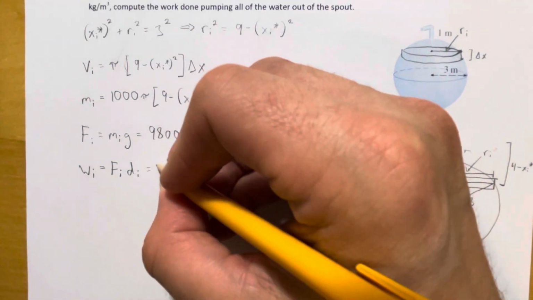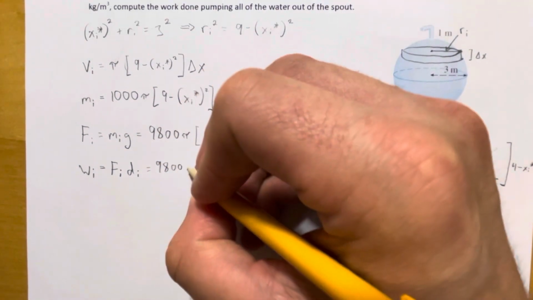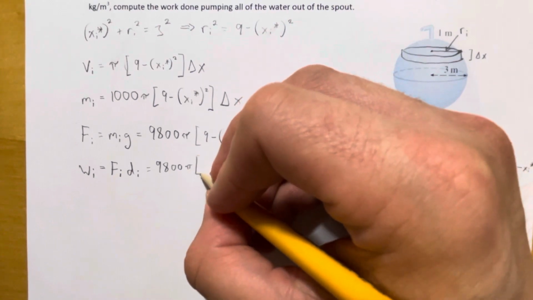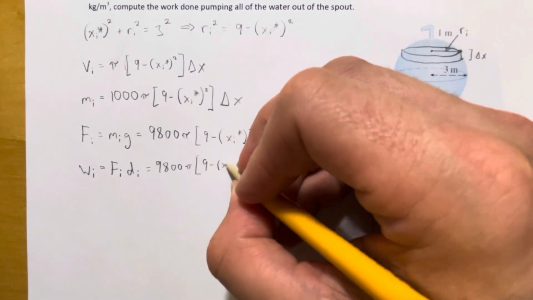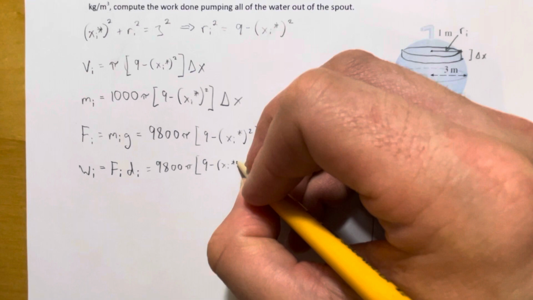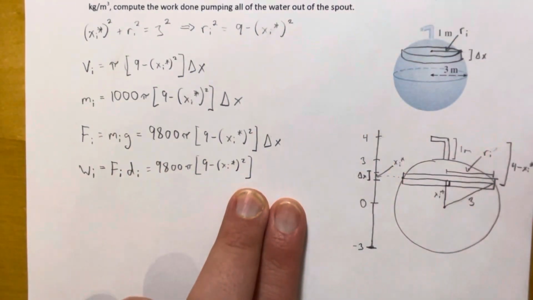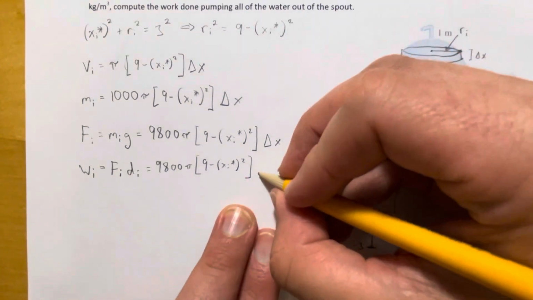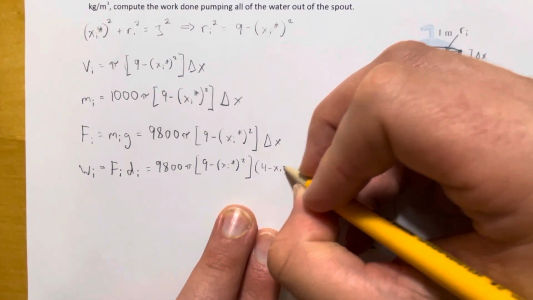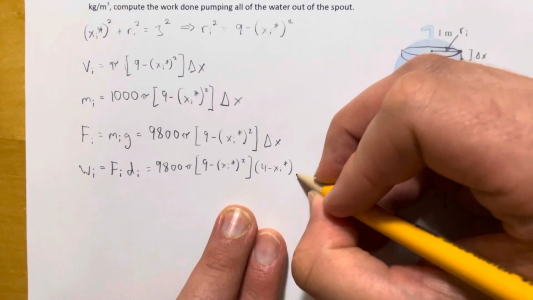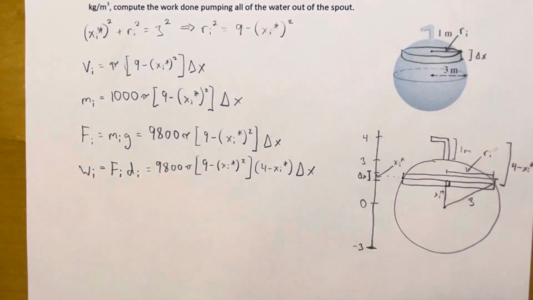So this would be equal to 9,800 pi times (9 minus x_i star) squared. The delta x is going to be there, but I'm going to push that out to the very end. I'm going to multiply by the distance, which is 4 minus x_i star. Then I have my delta x, okay?